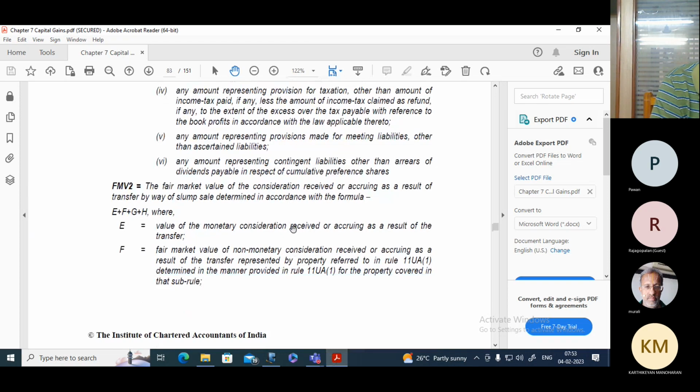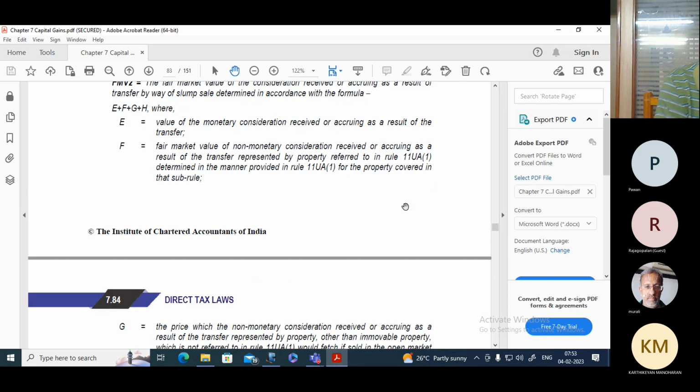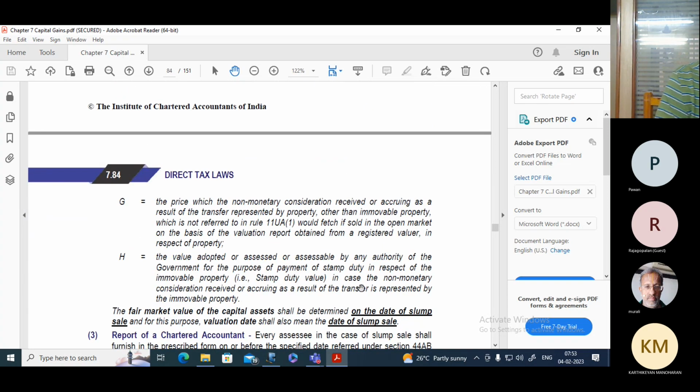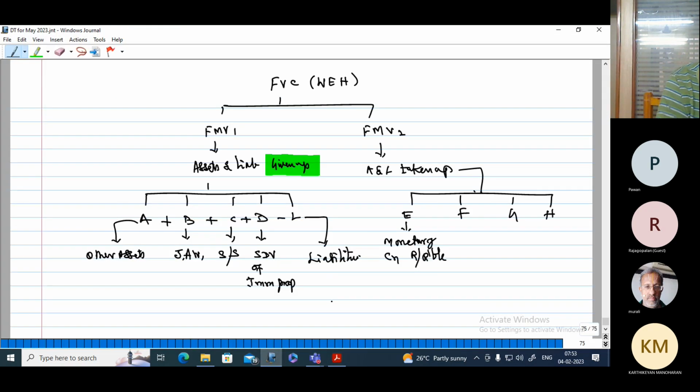Value of non-monetary, there is monetary consideration. Fair value of non-monetary consideration, or I will put it this way so that you can easily remember. Monetary, non-monetary. Under that, 3.